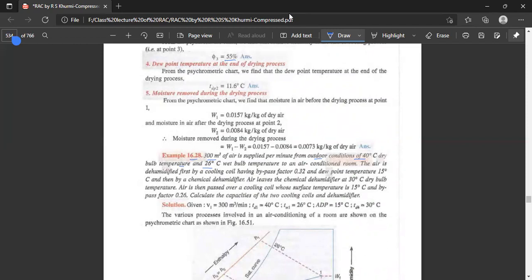The air is dehumidified first by a cooling coil having a bypass factor of 0.32.